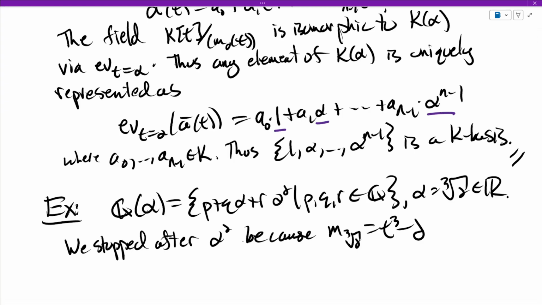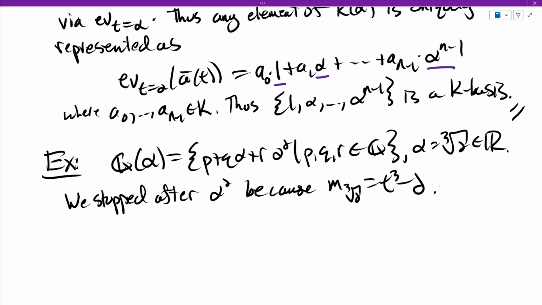Why? Well, when we hit that degree, when we raise alpha to the third power, the minimal polynomial tells us that it wraps back around. So we don't actually need the cubic power because it will wrap back around. Okay. All right. So what do we learn here?